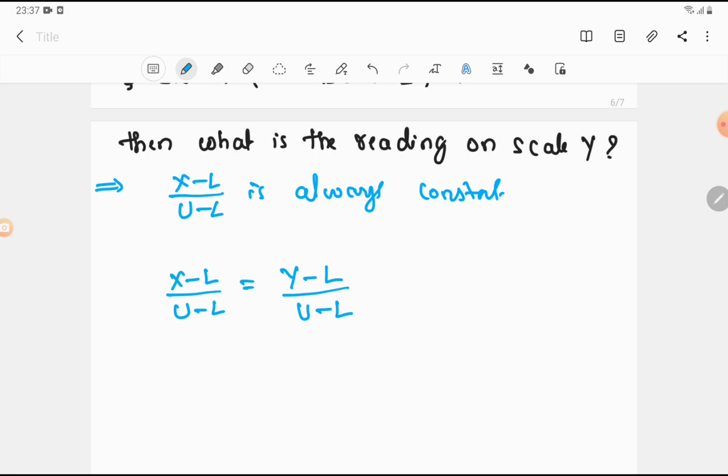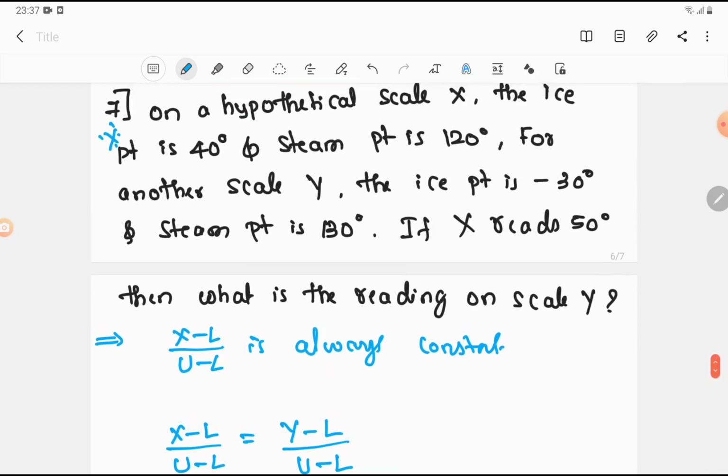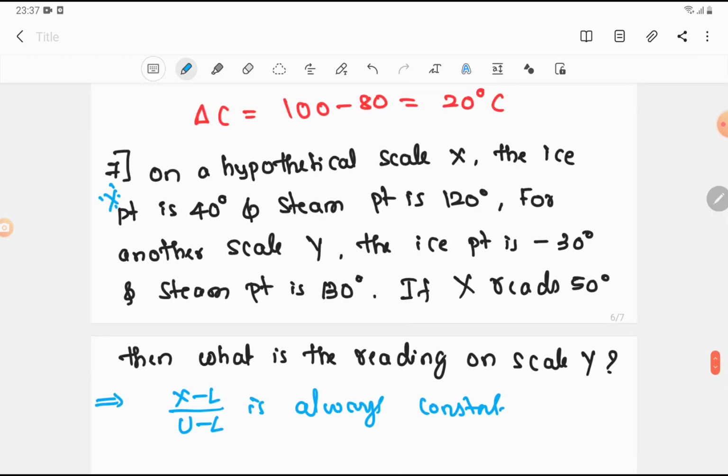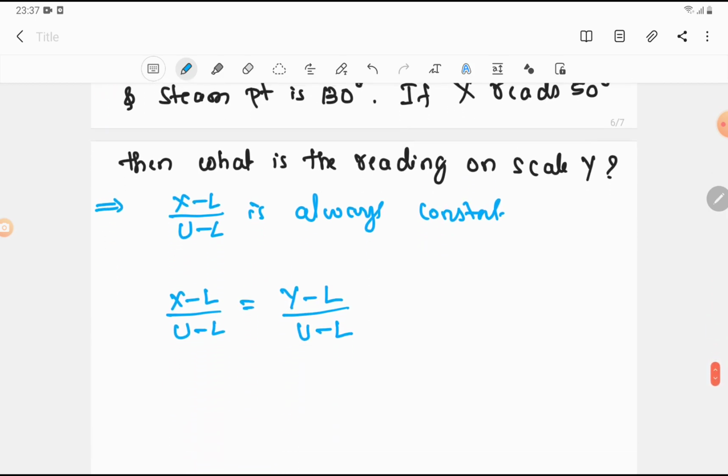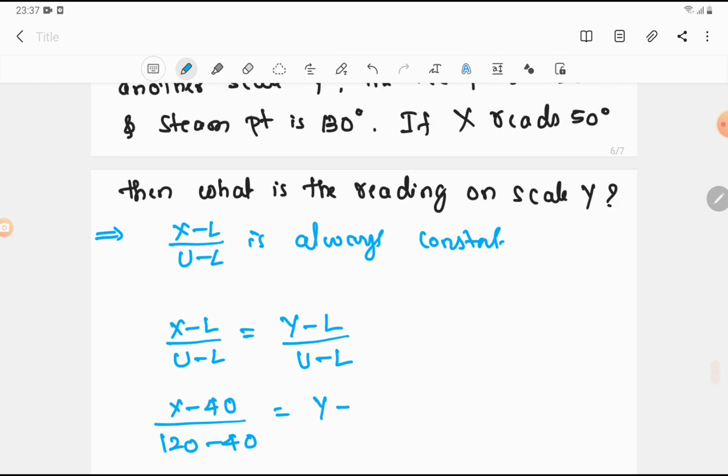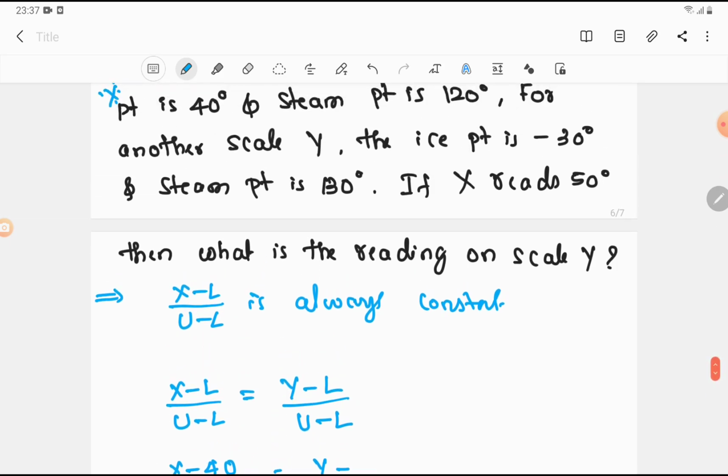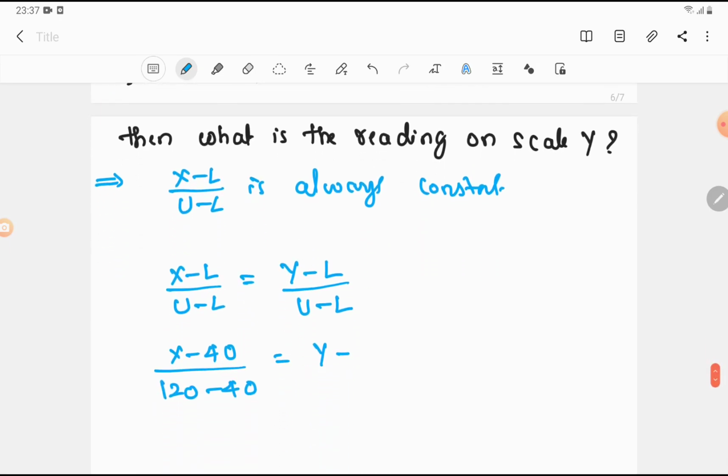For the x scale, your lower point and upper point limits are 40 and 120. Upper point is 120 and lower point is 40. So I can use (x minus 40) by (120 minus 40). For the y scale, lower point is minus 30, upper point is 130.